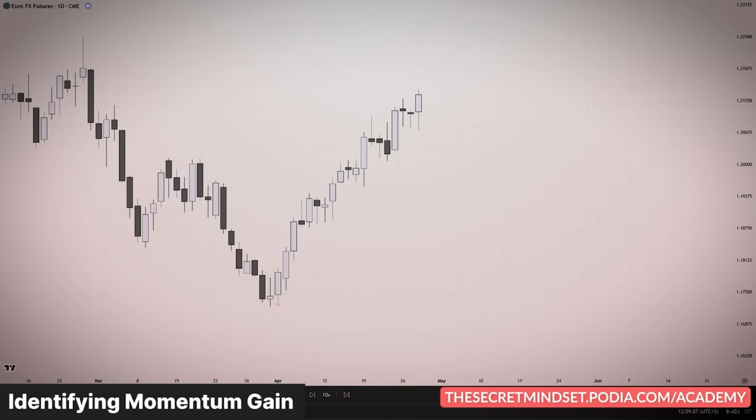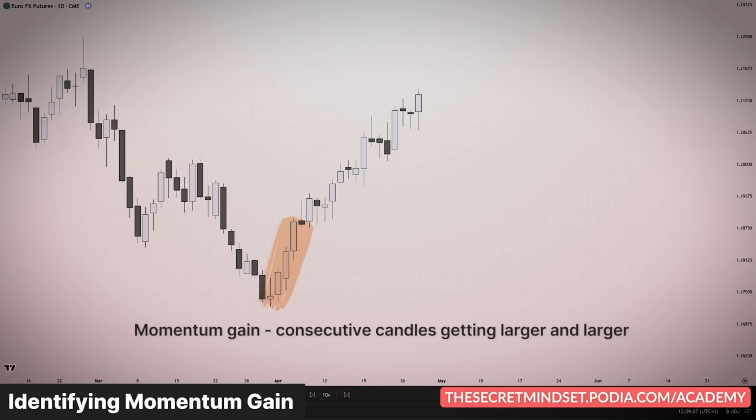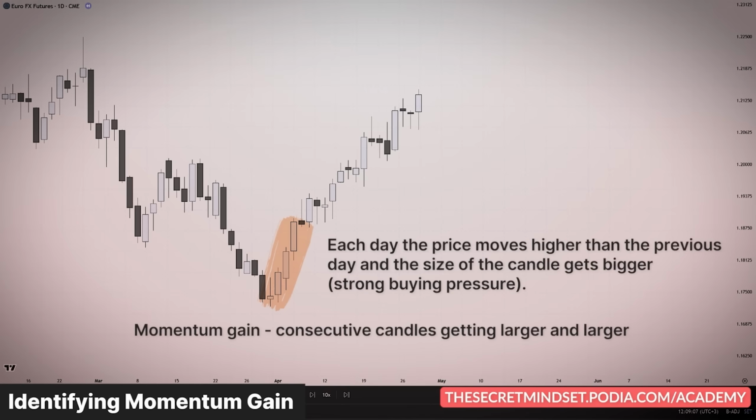When you see consecutive candles getting larger and larger, this usually signals a momentum gain. Imagine a scenario where each candle represents a day of trading. If each day the price moves higher than the previous day, and the size of the candle gets bigger, it indicates strong buying pressure. More buyers are entering the market, willing to buy at even higher prices.